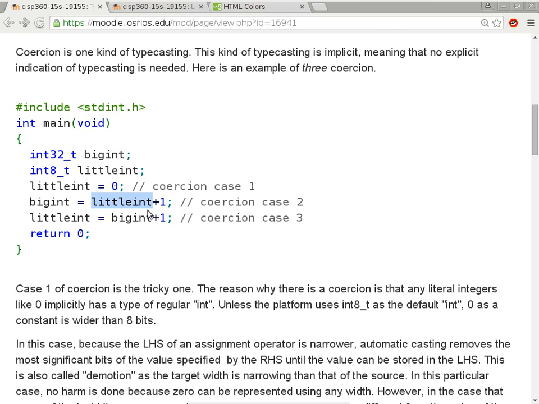But what that also means is by the time we have the sum of these 2 numbers, it is already a 32-bit number. And as a result, when we perform the actual assignment operation, there's no coercion needed for the assignment operation because the entire right-hand side of the assignment operator is already 32-bit wide by the time the addition is done. So the coercion only happens once when we're dealing with the addition, not when we're assigning.